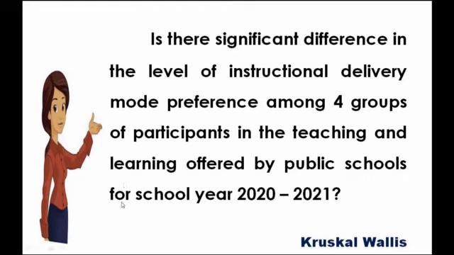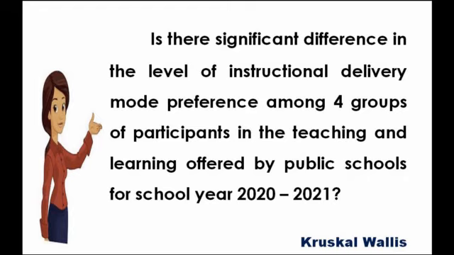Now, the 4 groups of participants is being taken into consideration if we will be using Kruskal-Wallis. Now take note, this is an example of a Kruskal-Wallis, not ANOVA, for the reason that the level of instructional delivery mode signifies that we are dealing with an ordinal data.